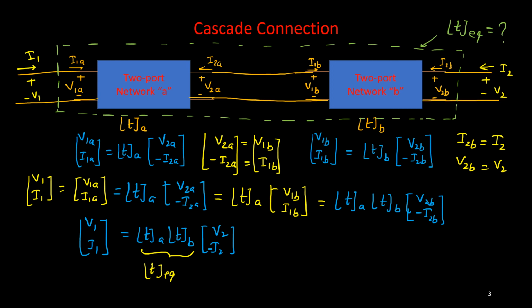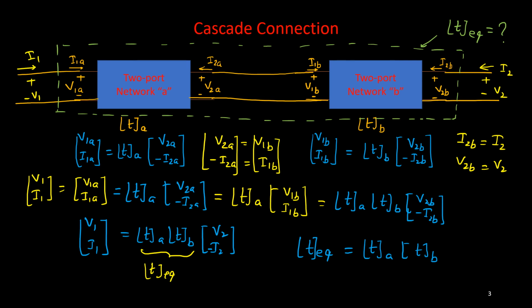Thus the equivalent T network, I can write T equivalent equals TA and TB, the matrix multiplication product of TA and TB.